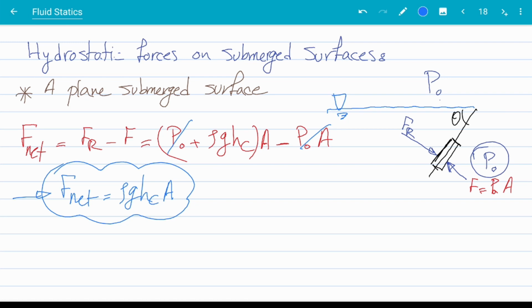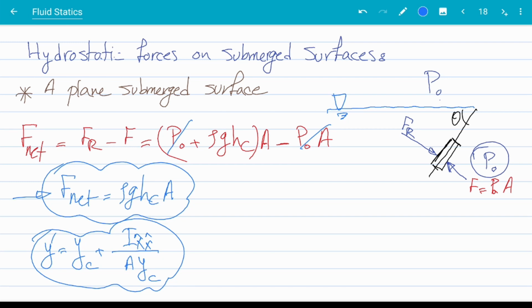We can do a bit of algebra on the location as well. I'm not going to do it in details. I'm just going to give you the final answer. Y prime reduces to yc, the y of the centroid, plus Ixx over area yc.